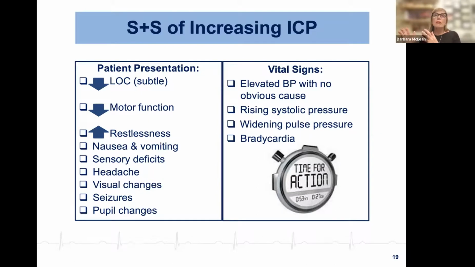Now, they may have some other deficits and problems: sensory deficits, visual changes or visual deficits, seizures, pupillary changes. But really, the first four are probably the ones that we look at the most. Lots of our patients can't say, hey, I've got the worst headache I've ever had in my life, because they're intubated on a ventilator.